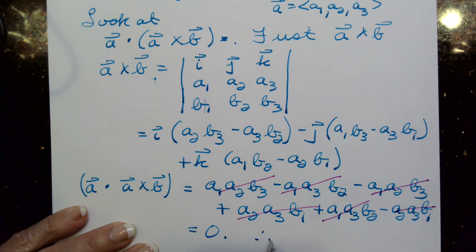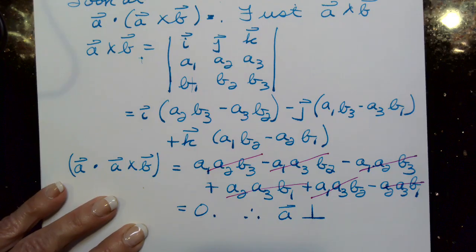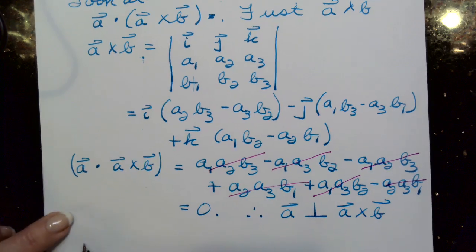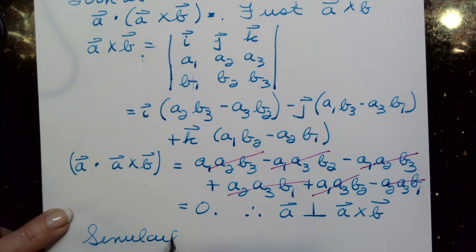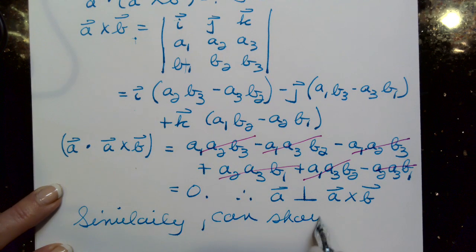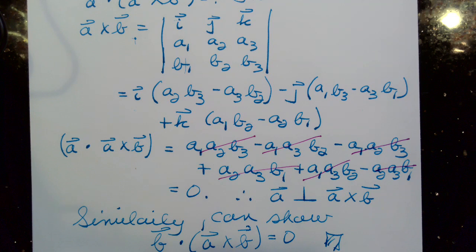Therefore, A is orthogonal to A cross B. I'll use that old high school notation for perpendicular as a shorthand for orthogonal. Similarly, you can show that B dotted with A cross B is equal to 0. So the cross product of two vectors is orthogonal to each of the original vectors. That's a very important property of cross product.